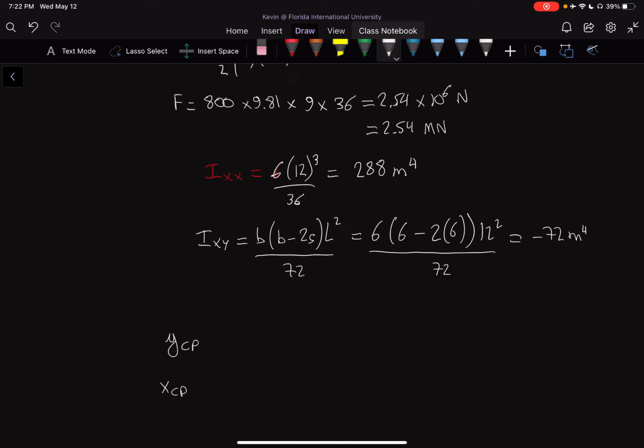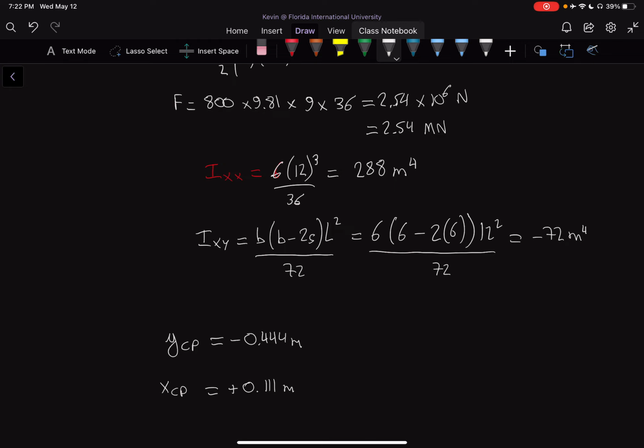So I'll let you do those in your own time, but you can use the equation that we derived right above for gauge pressure, and you should get a value of minus 0.444 meters for YCP and a value for XCP of plus 0.111 meters. So the values can be positive or negative because we agree that it can move anywhere from the center of gravity. Okay, so it can be negative or positive.